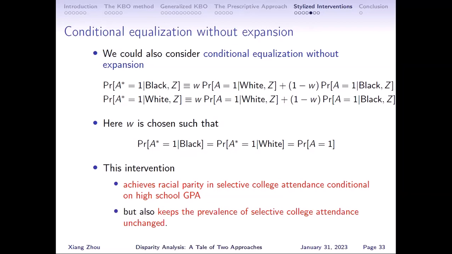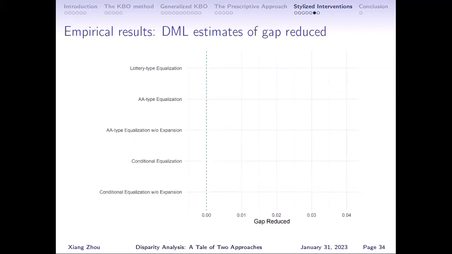So these are some stylized interventions that we were thinking about that could be more or less realistic, and we could conduct a formal analysis of their effectiveness through the methodology we introduced. Right. So here, this is a chart showing our DML estimate of how much the gap could be reduced under different types of interventions. Right.